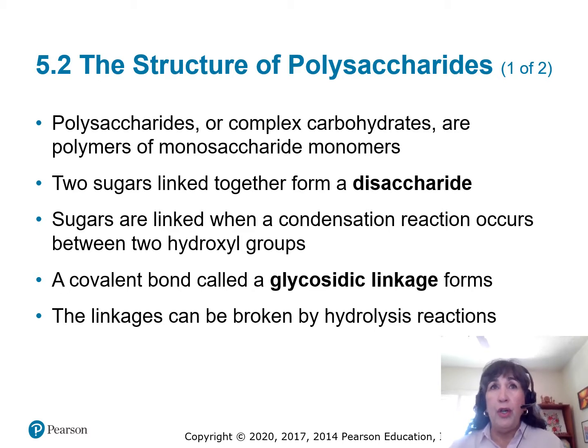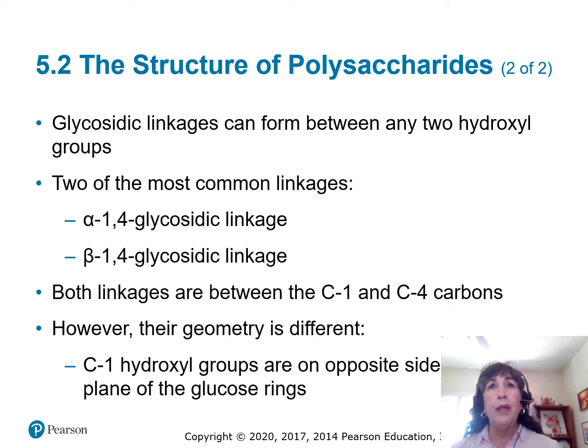So for sugars or polysaccharides, the covalent bond that links one monomer to another is called a glycosidic linkage. It's formed by a condensation reaction, and it's broken by hydrolysis reactions. Glycosidic linkages can form between any 2 hydroxyl groups.